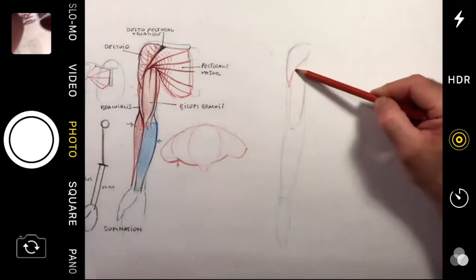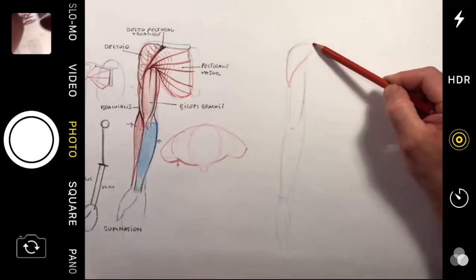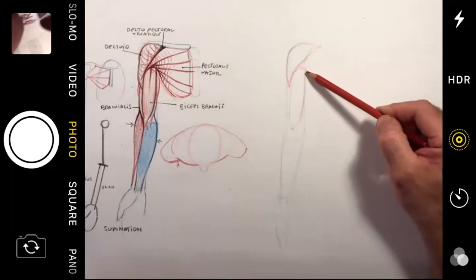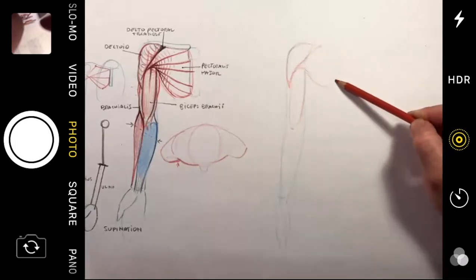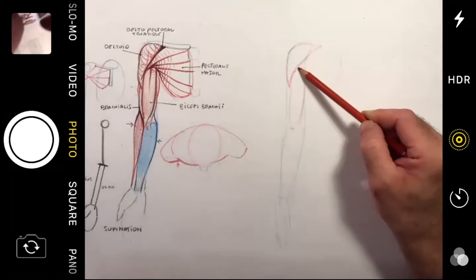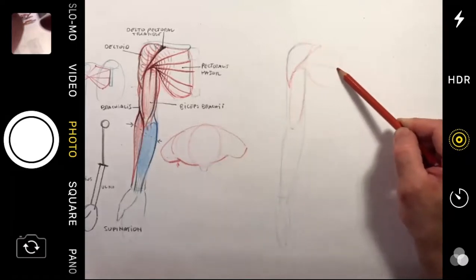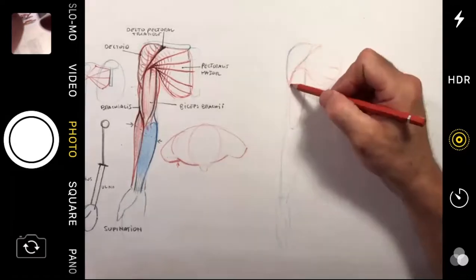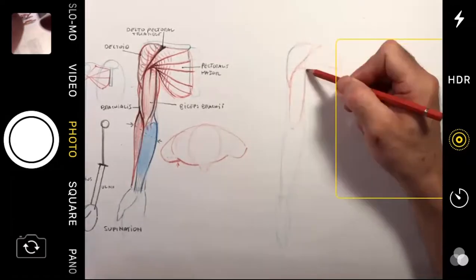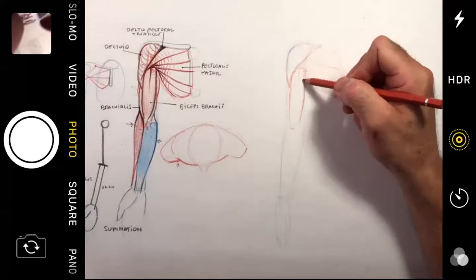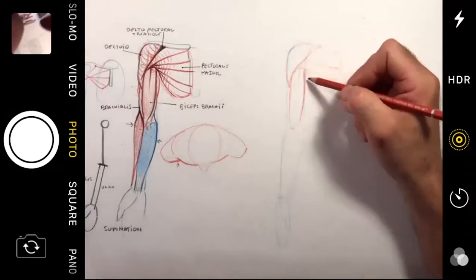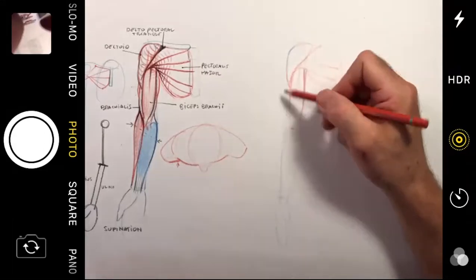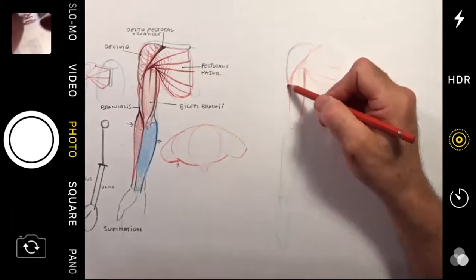And now the pectoralis, right? With its various segments, right? And now, I refine it a little bit. Brachialis.